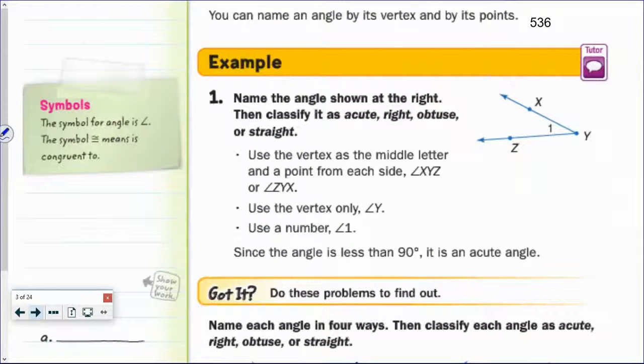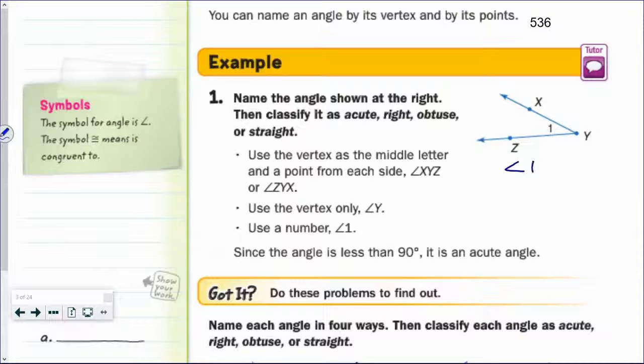It says you can name an angle by its vertex and its points. So this is still page 536. And example 1 says, name the angle shown at the right, then classify it as acute, right, obtuse, or straight. Well, first, there are multiple ways to name an angle. I can call this angle 1.